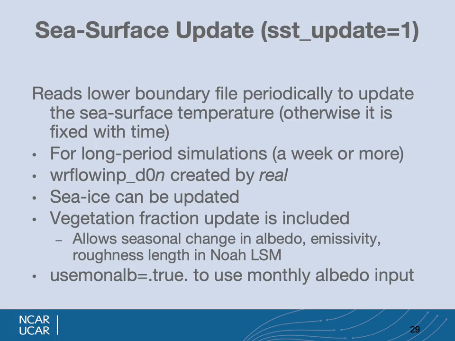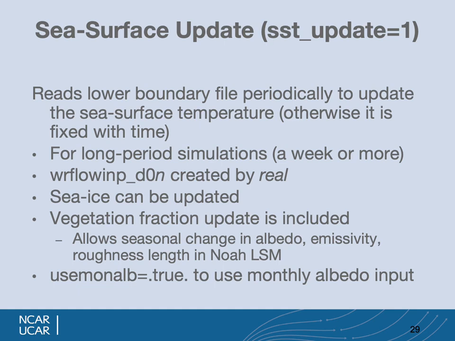Sea surface update is an option that you usually would want to use if you're running a long simulation of a week or more, which allows the sea surface temperature to change with time, because we do not have a prognostic sea surface temperature, we just have a specified value. So for long period simulations, you can read in the sea surface temperature as the simulation progresses, and this is what's needed in regional climate simulations, for example.